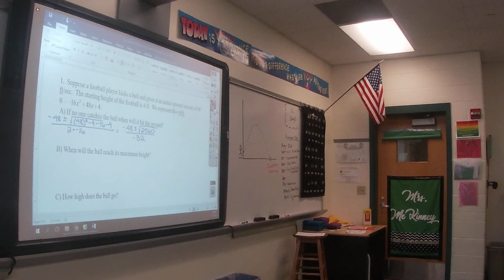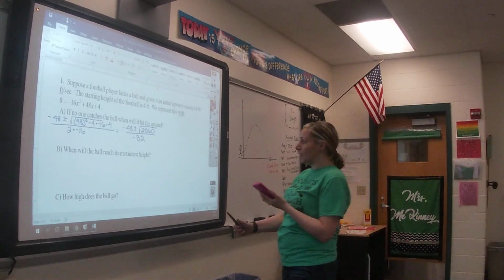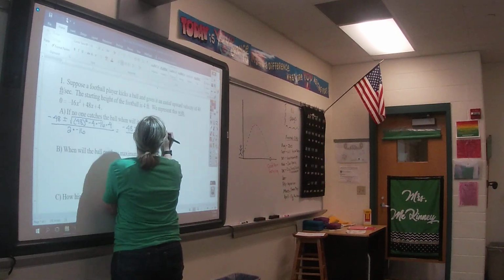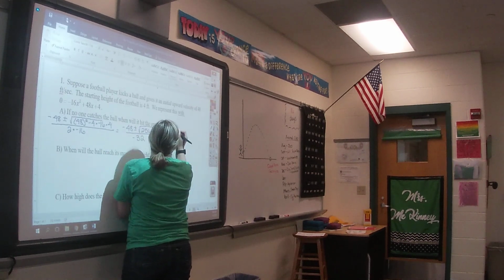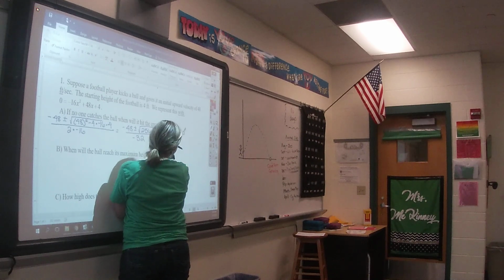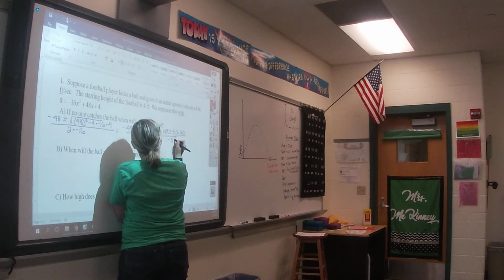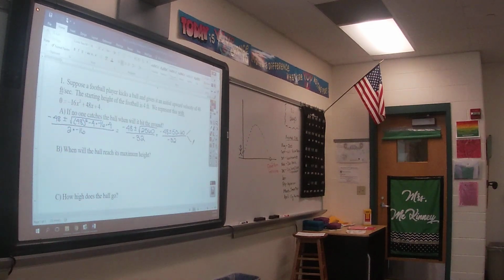Seconds, and we can round in seconds, because we don't talk about seconds with a square root in the answer. So that gives us negative 48 plus or minus 50. This one rounds to 50.60. Okay, then we're going to calculate both of those options.